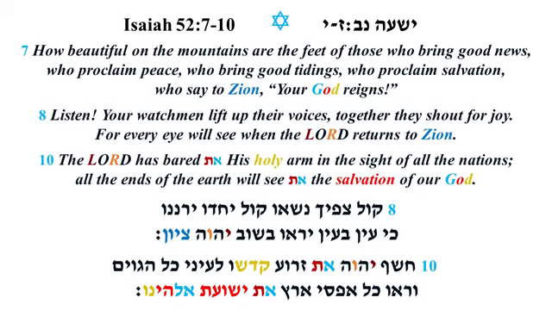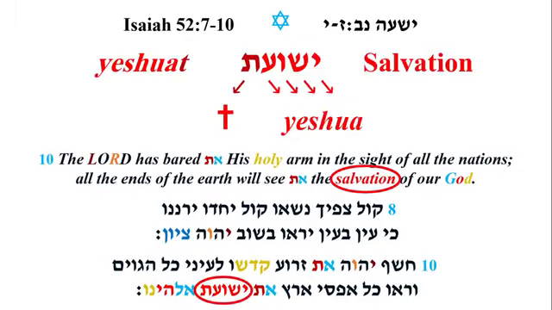Look at the word salvation. It's the next to the last Hebrew word down there. It's a yud, shin, vav, ayin, tav. The first four letters, yud, shin, vav, ayin, spell Yeshua. And the tav is the cross.